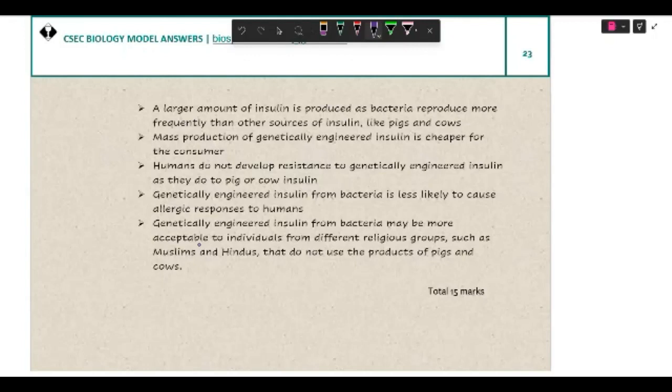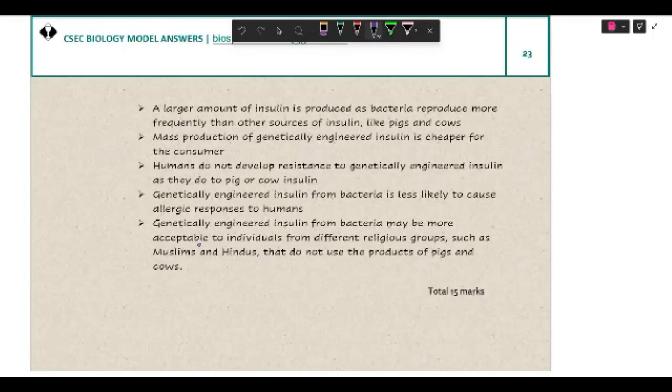I say maybe because I know people still do have a resistance to the idea of genetic engineering, but at least on that religious point, it removes that problem in that I don't have to worry about taking something into my body that comes from a pig or a cow, right?